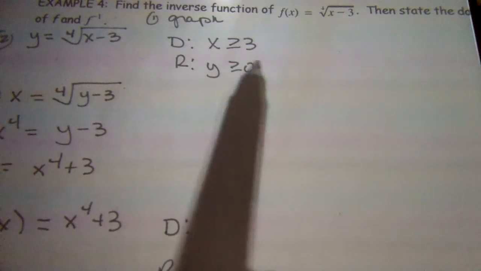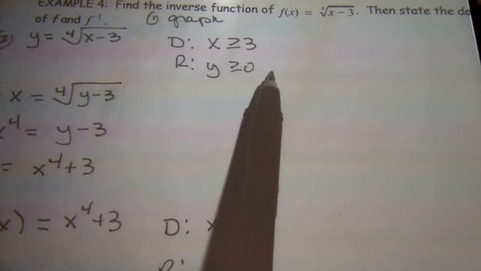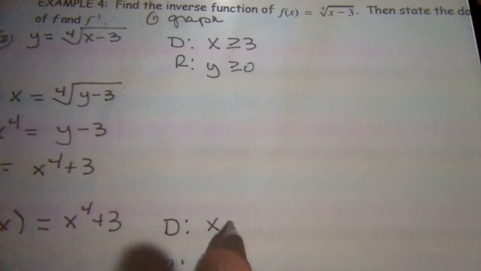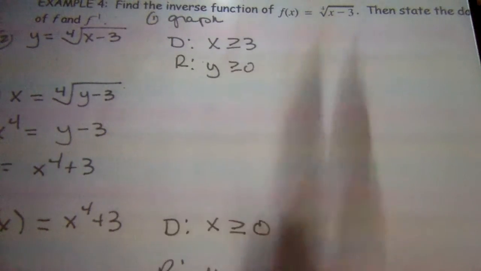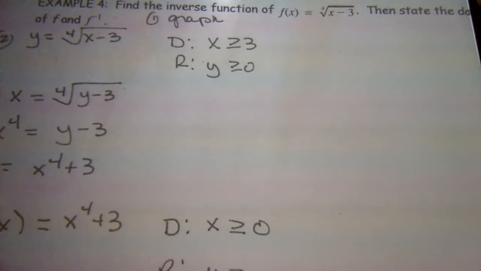Well, the range was y is greater than or equal to 0, so the domain is x is greater than or equal to 0. For the range, the domain was x greater than or equal to 3, so y is greater than or equal to 3. Remember, your domains will flip too, but it'll still be x and y.